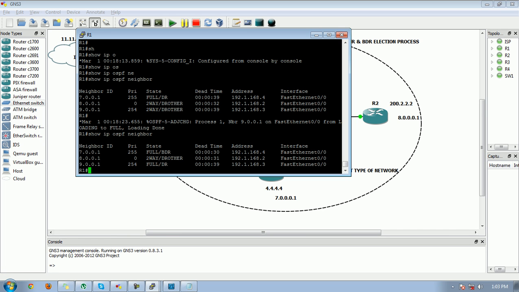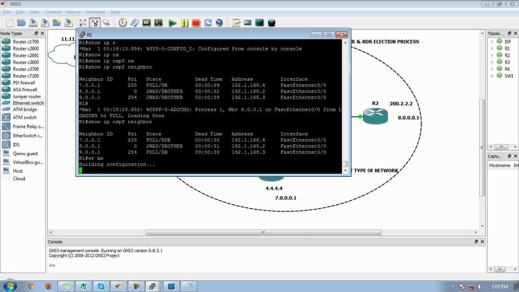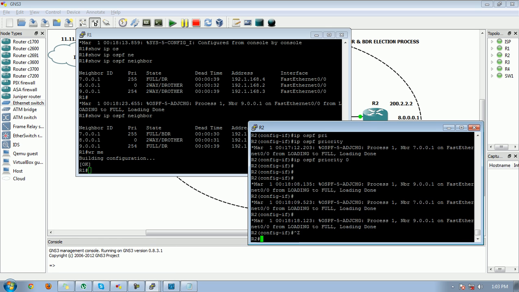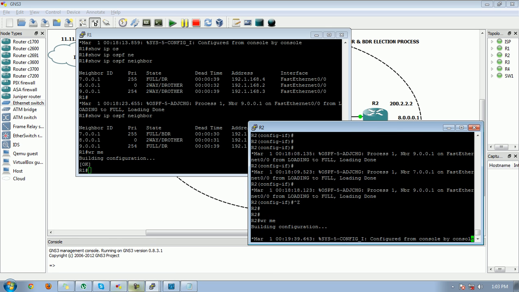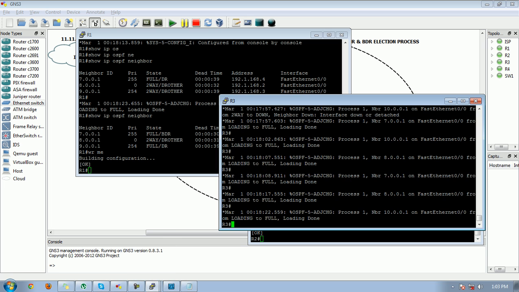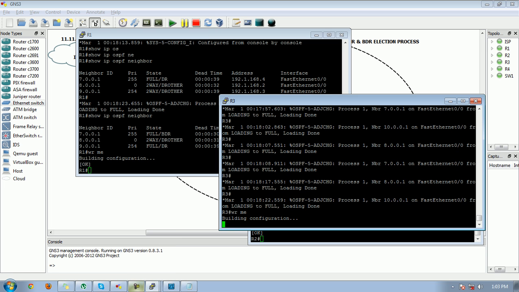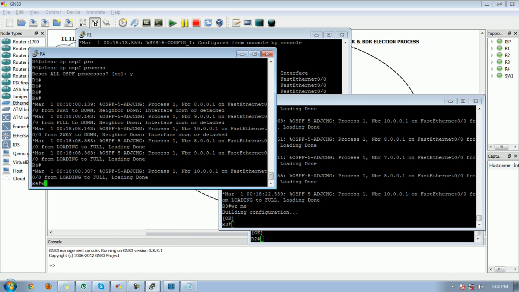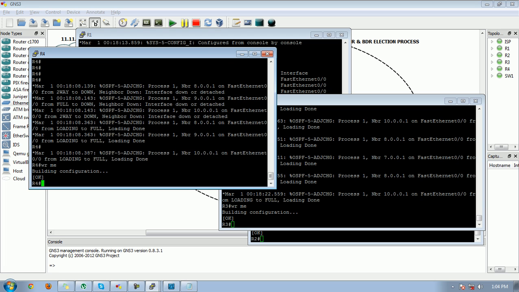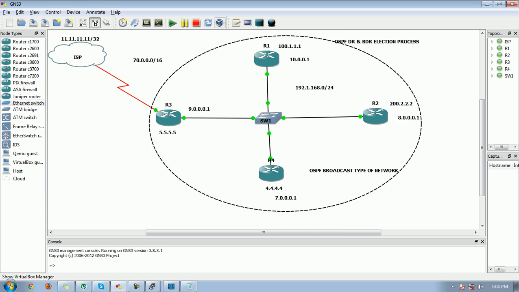Why is it happening like this again? See again, it is stating BDR. He should be the DR, right? First, it had stated DR, right? Yeah. Then it's due to some simulation error. What I'll do, I'll save everything and I'll give a redo.